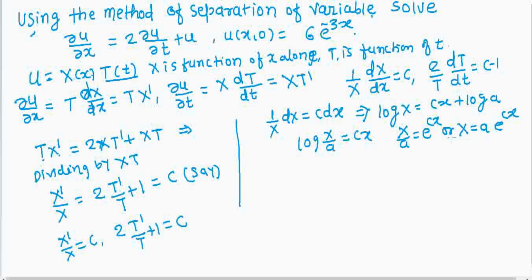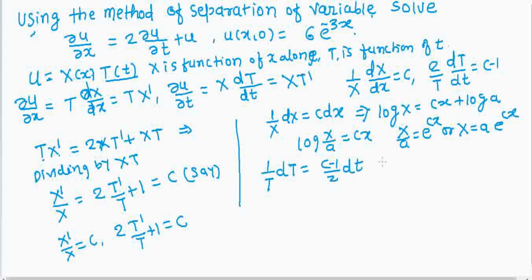Okay. Now this is the first one, and the second one, what we get here: 1 divided by 2T into dT equal to (C minus 1) divided by 2 into dt.